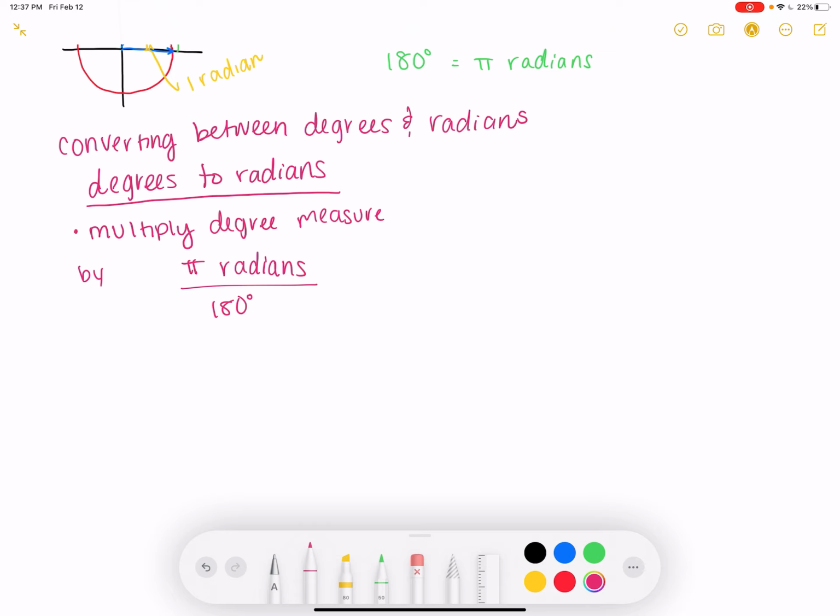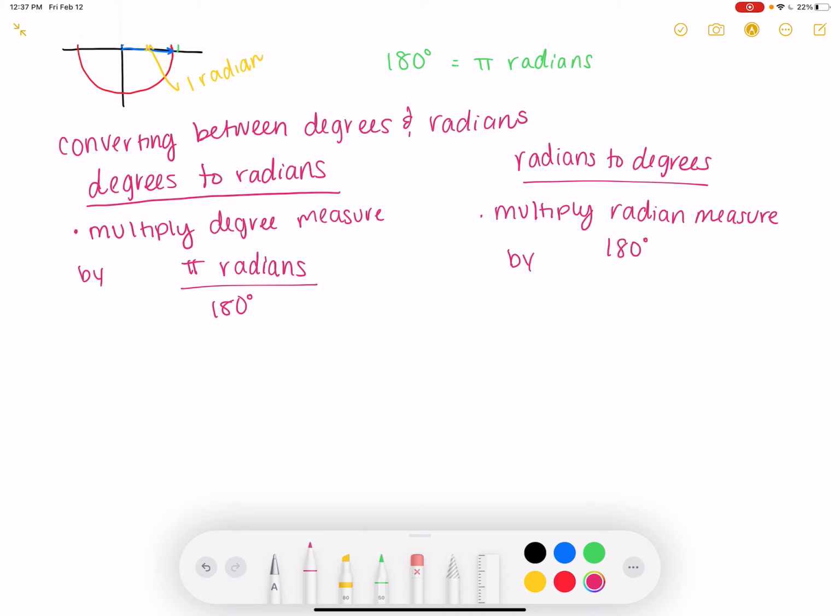And if we are to go radians to degrees, we multiply radian measure by 180 degrees over pi radians.